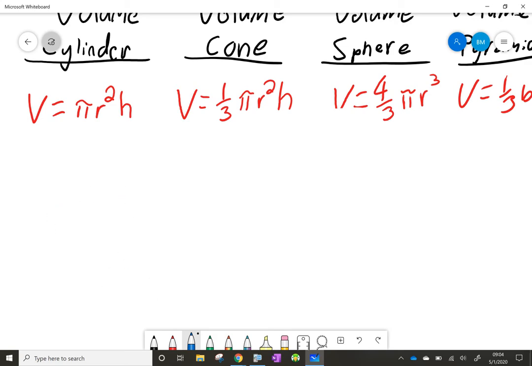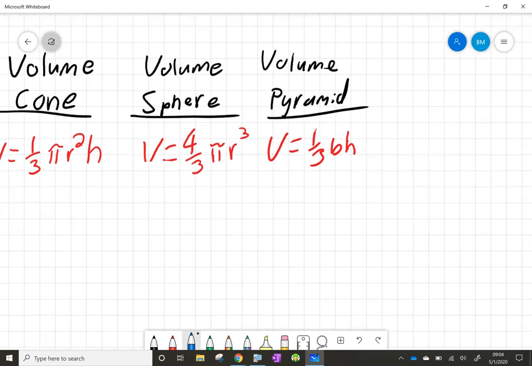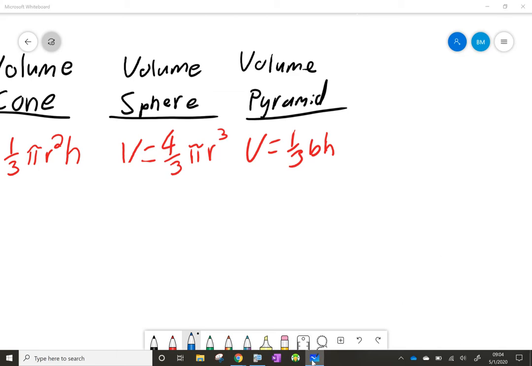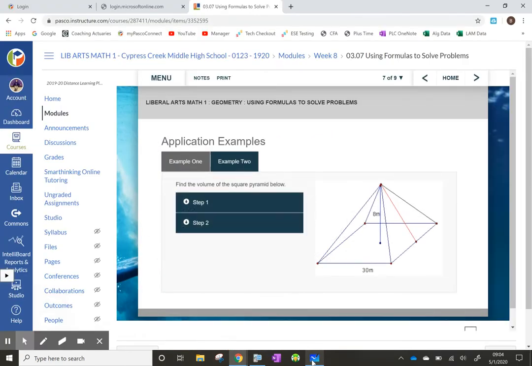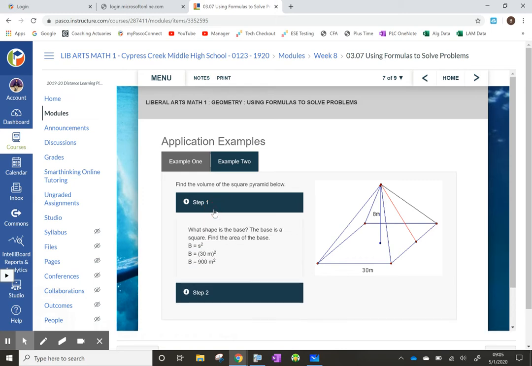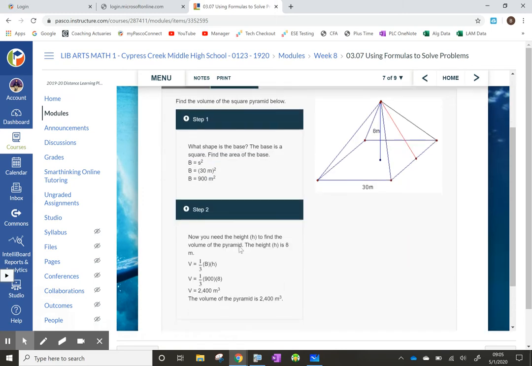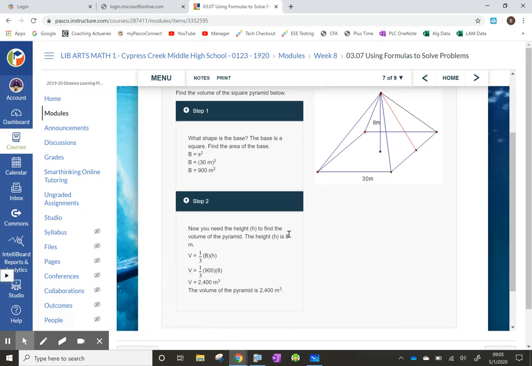All right. So our pyramid formula is here. It's 1/3 base times height. And it looks like our pyramid has a base of 30 meters and a height of 8 meters. Okay, here's something that we need to know about the base.